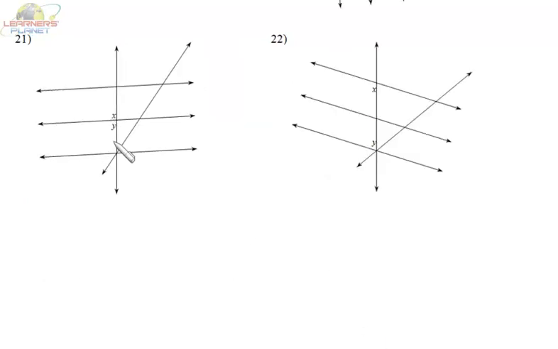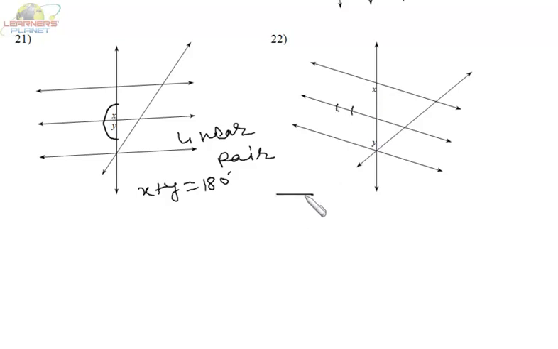Here we see x and y, they are lying on a straight line. So x plus y will be 180 degrees and they are forming a linear pair. Okay. Here x and y, we skip this line. Then the situation is something like this.